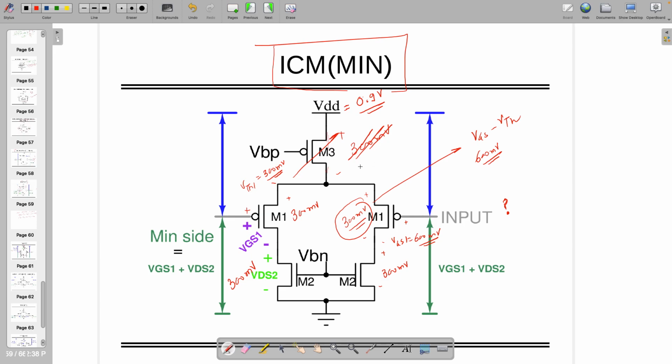Across this, it might be 1 or 2 millivolt or picovolt, femtovolt, something like that. So this input is very important. In the same way, you can find out VBP, VBN. Same way you can find out how much you want so that here it becomes 300 millivolt. Can you tell me what should be the VBN value so that this will become 300 millivolt?